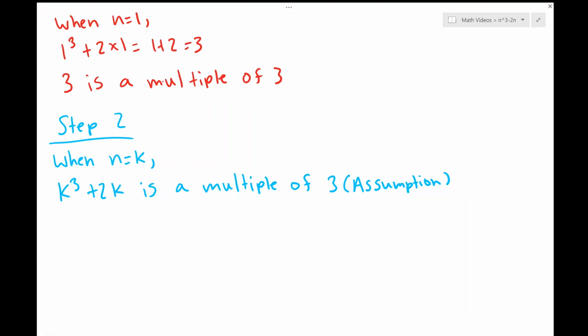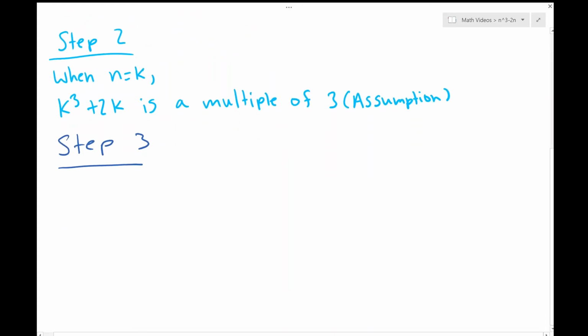Now, step 3 is where it's slightly different. For step 3, the starting is the same. We want to use step 2 to show that when n equals k plus 1, the statement is true. So when n equals k plus 1, we have (k plus 1) cubed plus 2 times (k plus 1).